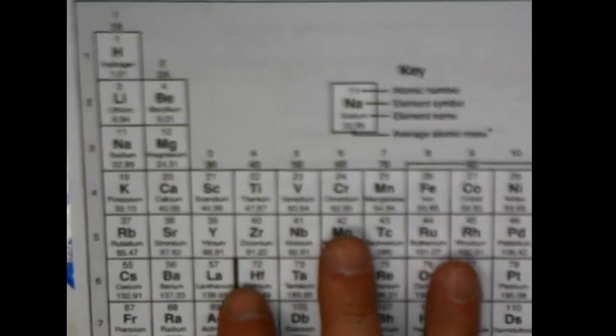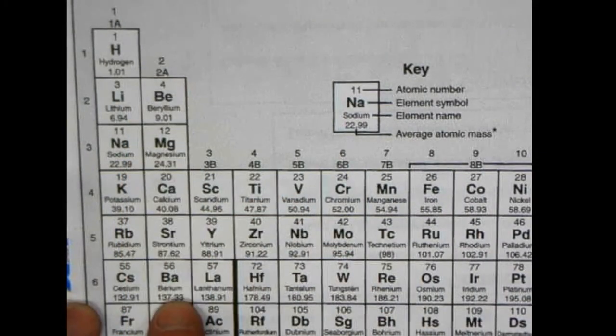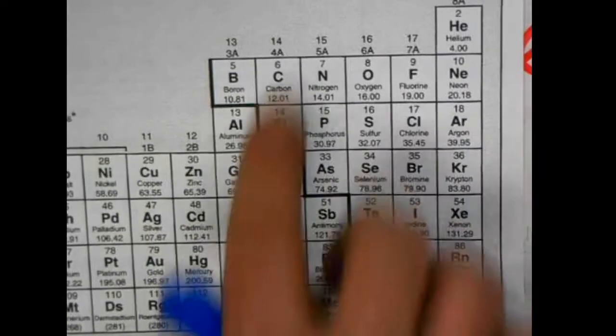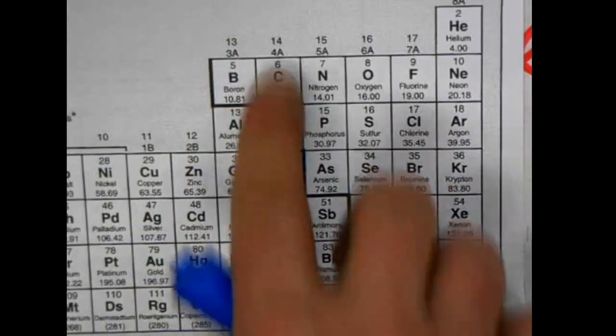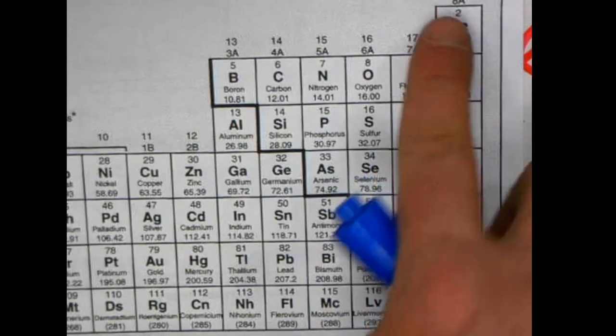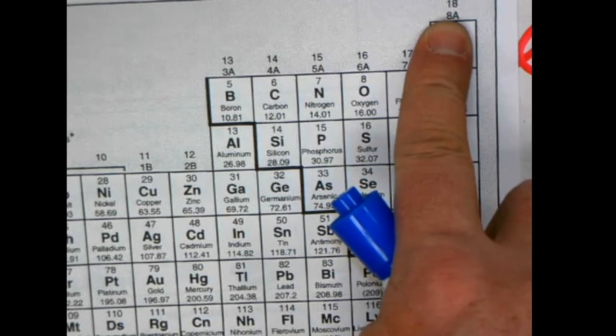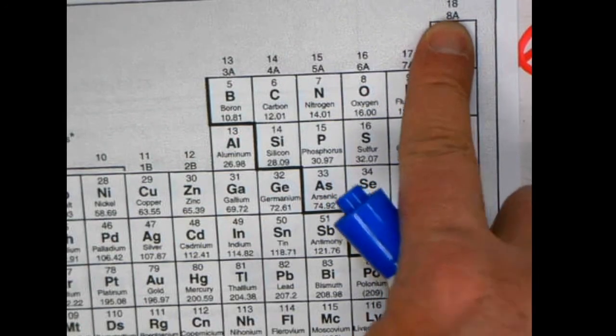Everything down the second column is going to have 2 valence electrons. Let me zoom in here. Second column, 2A, 2 valence electrons, similar reactivity. You come down here to the end, 3A, 3 valence electrons, 4A, 4 valence electrons, and so on and so forth, till you get to the noble gases. Noble gases, as we're going to talk about, have 8, or a full octet.